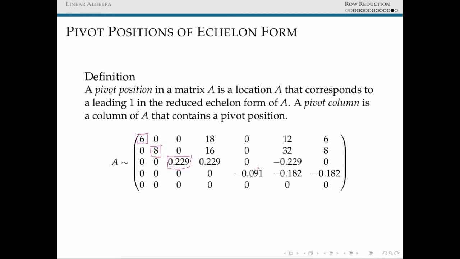So our pivot positions in this matrix are 1,1; 2,2; 3,3; and 4,5. So these will be the positions of our leading ones when we convert this into reduced row echelon form.